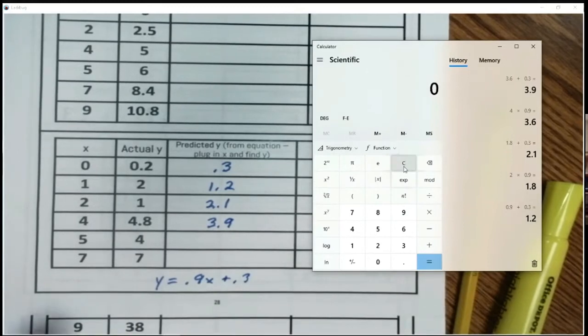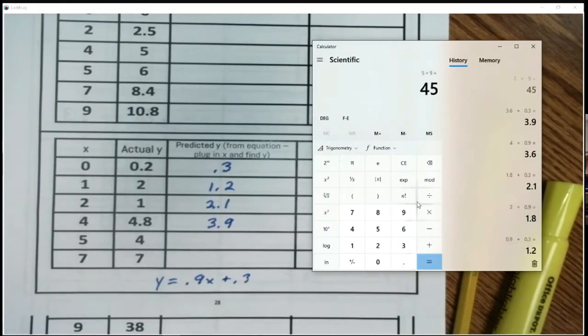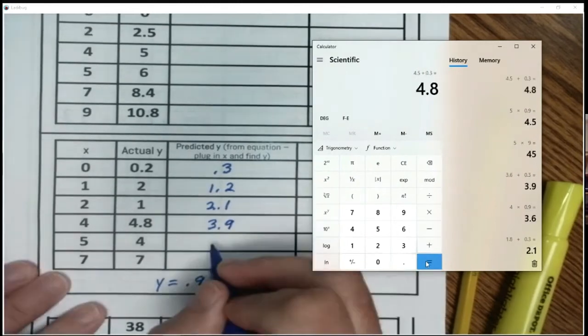Our next one is when x is 5. So 5 times 0.9. Oh, I think I missed the point. I did. 5 times 0.9 plus the 0.3 is 4.8.